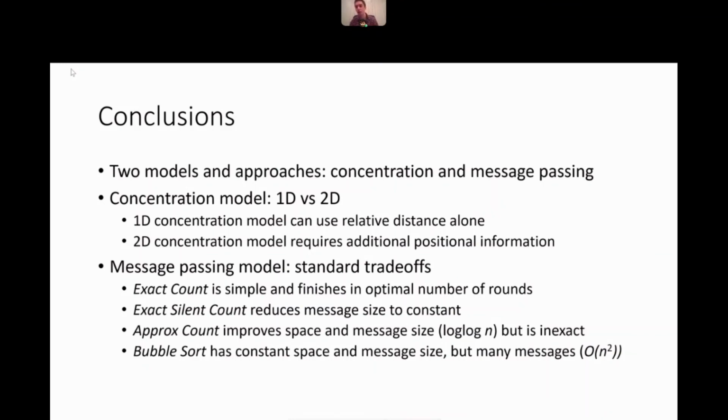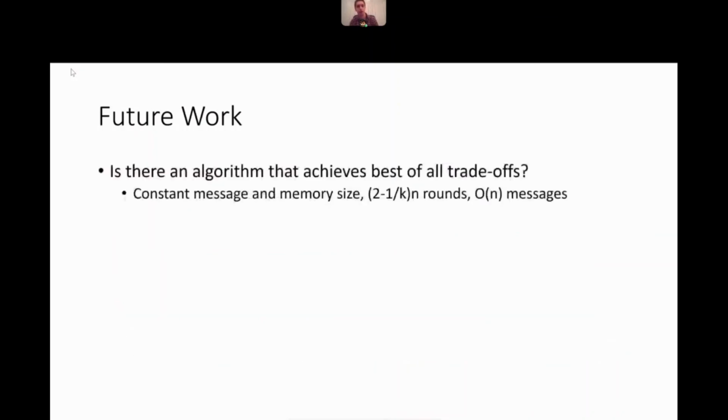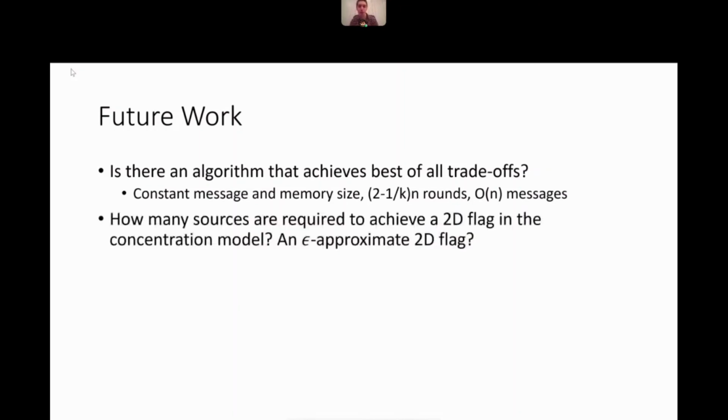So having a single line correctly calculate its colors is not sufficient. So these results are definitely incomplete. I would love to find some algorithm that achieves the best of all worlds. So that's an open question.